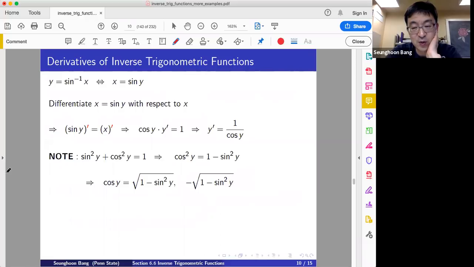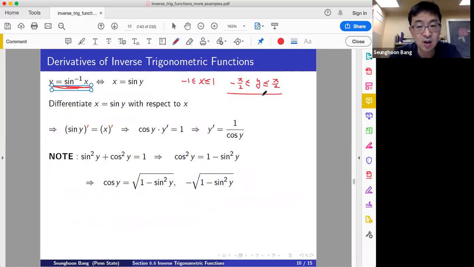The range is not 0 to pi over 2 only, but negative pi over 2 to pi over 2. What is the domain of the inverse function? x is between minus 1 and 1. This is the domain. What is the range? The range is negative pi over 2 to pi over 2. This is the range of inverse sine. You can plug any number between negative pi over 2 and pi over 2 into y. Is the cosine function positive or not?